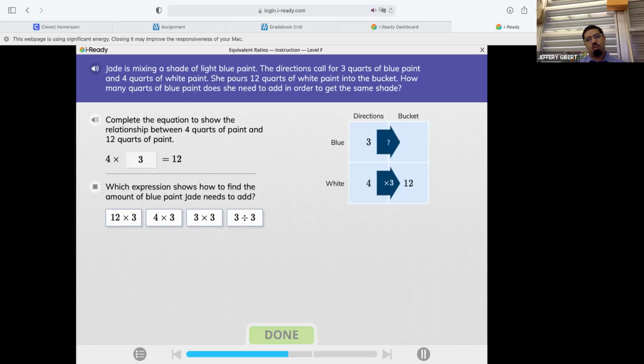Which expression shows how to find the amount of blue paint Jade needs to add? All right, so to get the blue, which is 3, you do 12 times 3, 4 times 3, 3 times 3, or 3 divided by 3. 3 divided by 4.